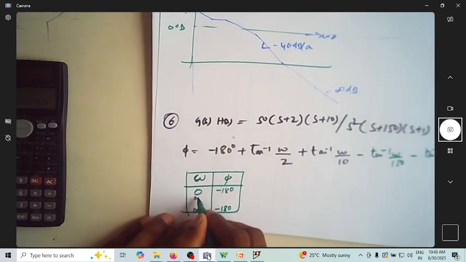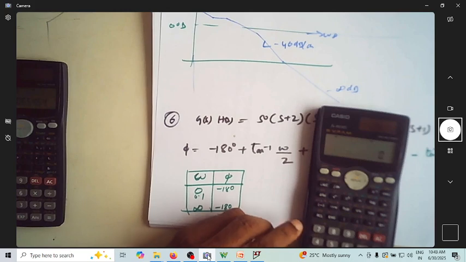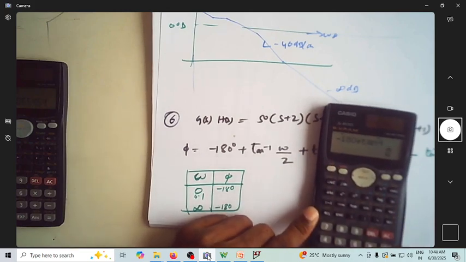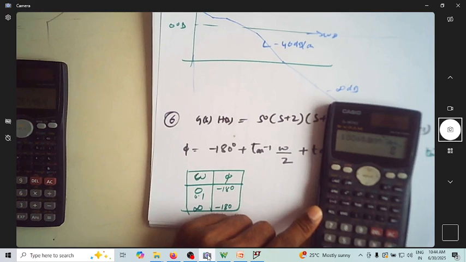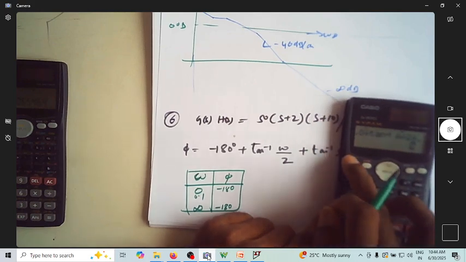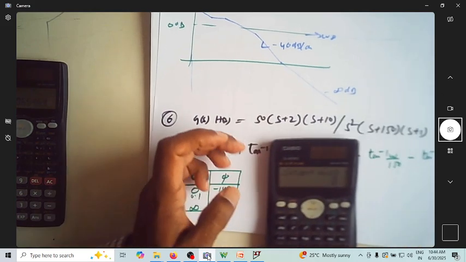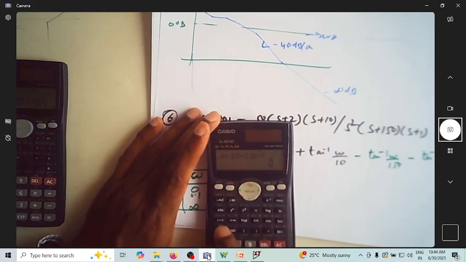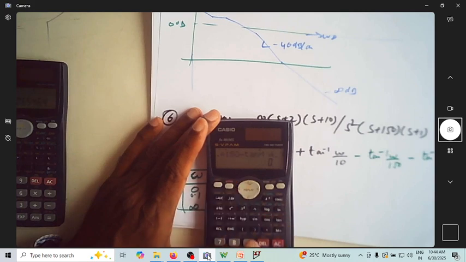Now if you take omega as 0.1, let me take the phase equation here: minus of 180 plus tan inverse of omega by 2 plus tan inverse of omega by 10 minus tan inverse of omega by 150 minus tan inverse of omega.